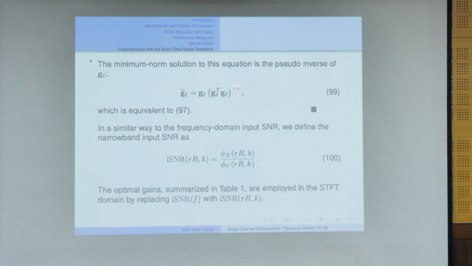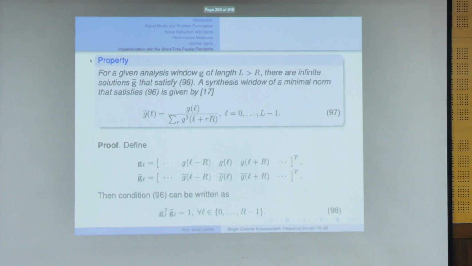So the minimum norm solution, like here, is simply, we can write it like this, sample by sample. Okay, so it means that if we choose a Hamming window, many times people don't choose rectangular windows for the analysis and synthesis because they understand that it's not perfect reconstruction.